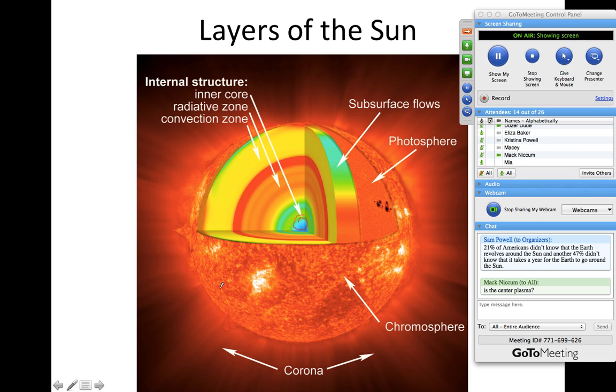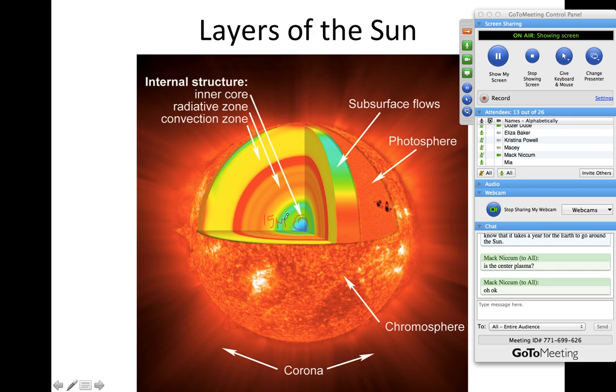The center of the sun is also plasma. It's very, very dense plasma, but it's still in a plasma state. And the reason for that is that it's so compacted that it's very, very hot. In the core, the temperatures reach about 15 million Kelvin.